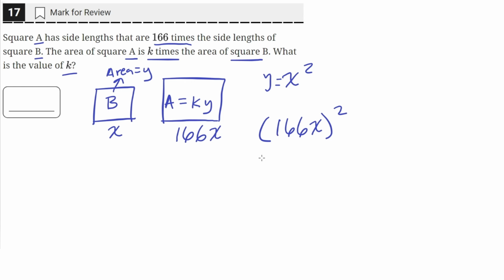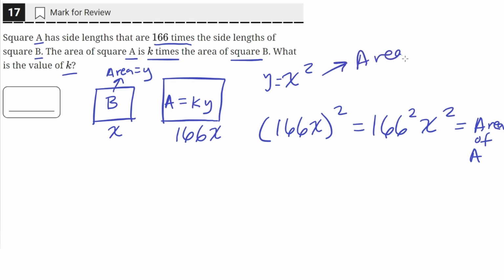Now if we simplify this, we'll get that 166 squared times x squared is the area of square A. And the area of B is just x squared. So if we find the value of this constant here, 166 squared, this x squared is in both, and so this is just the value of k.